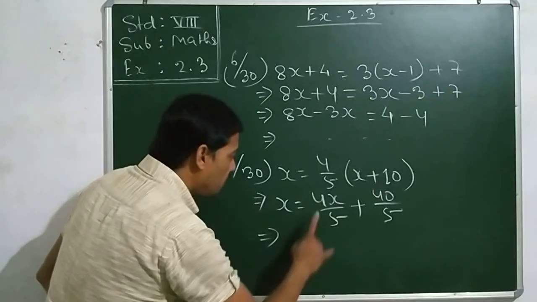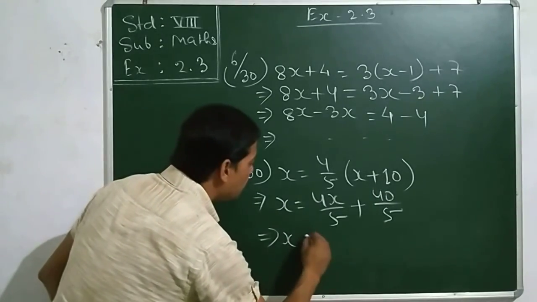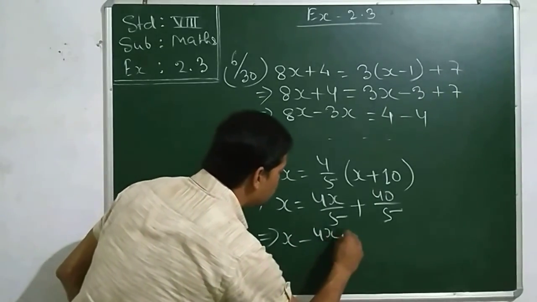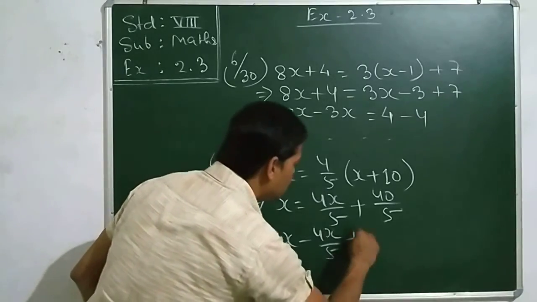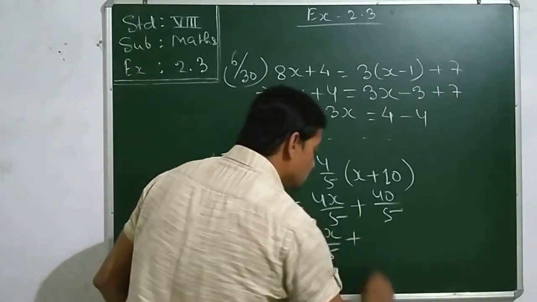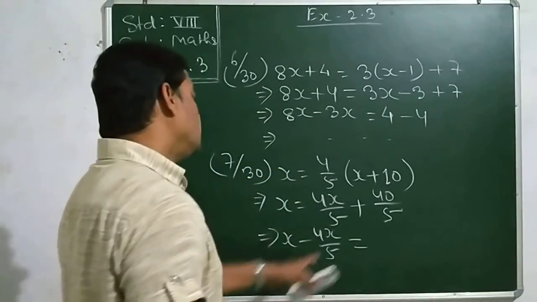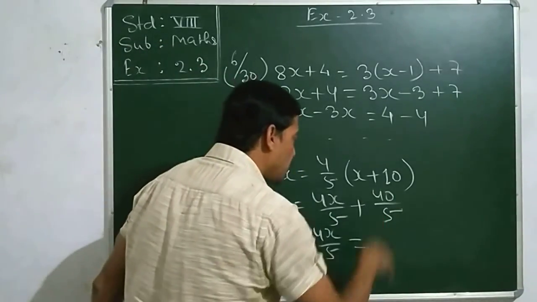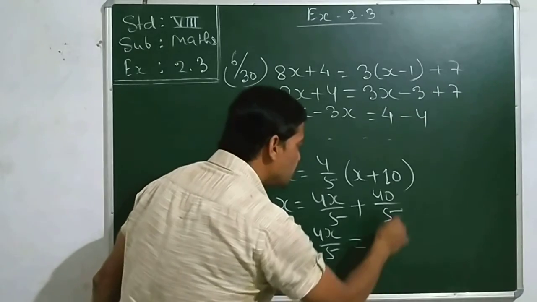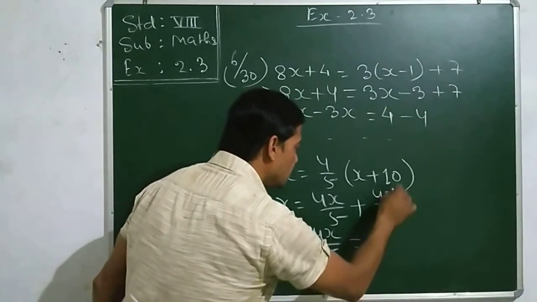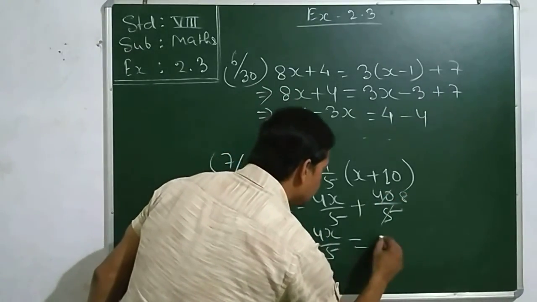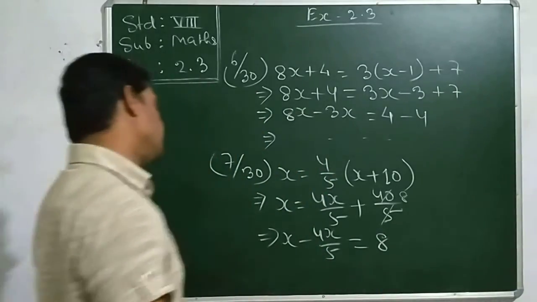See how we calculate it first. x equal to 4x by 5, so x minus 4x by 5. After transposing it, this will be equal to plus 40 by 5, that means 5 times 8 is 40. You can write it as plus 8 only.